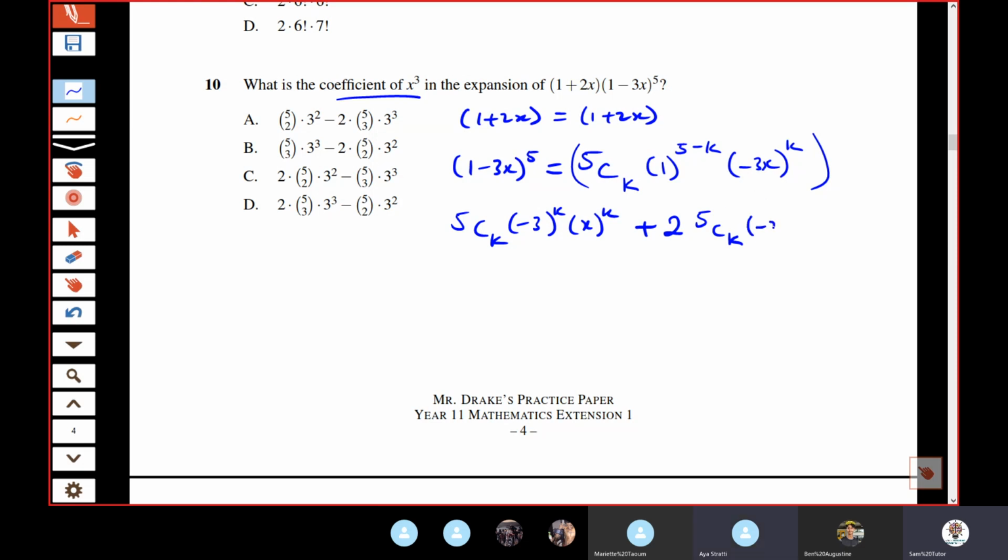And then this becomes negative 3 to the power of k. And that becomes x to the power of k multiplied by x. Do you understand that? Does anyone not get what we're doing at all? Like, guys, if you don't really understand what's happening, seriously, say so. Because you guys can see, you can't run away from it. It's going to be in your exams.